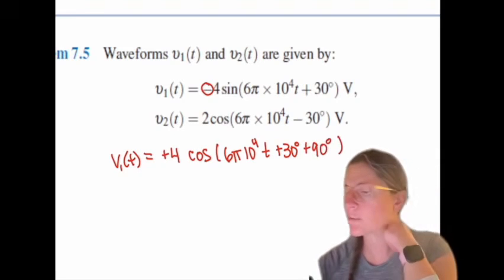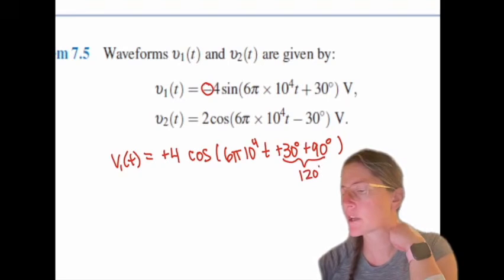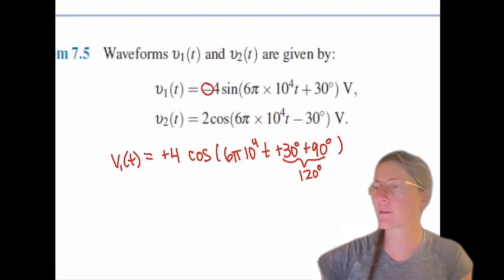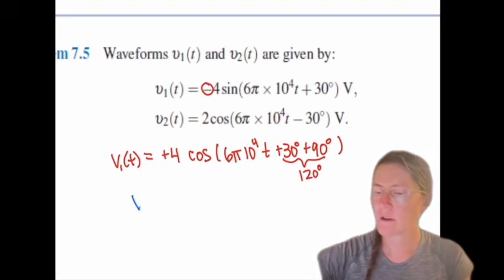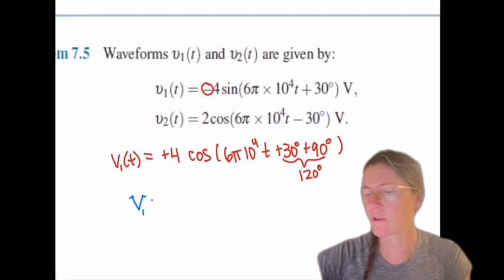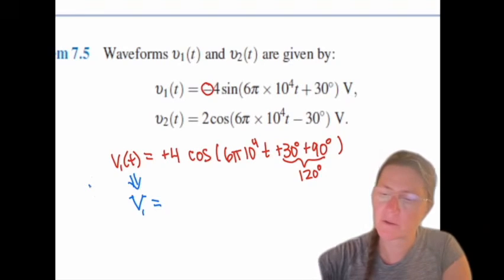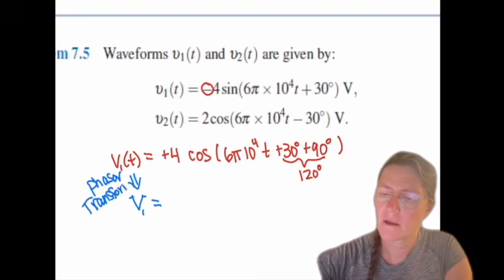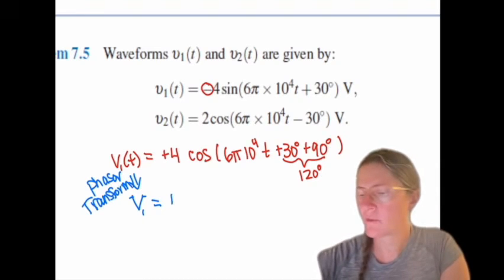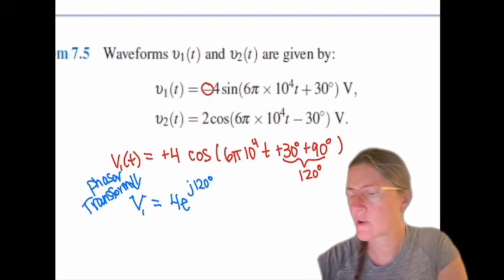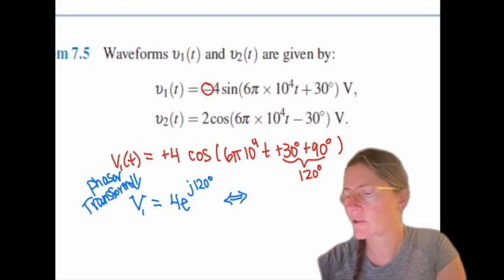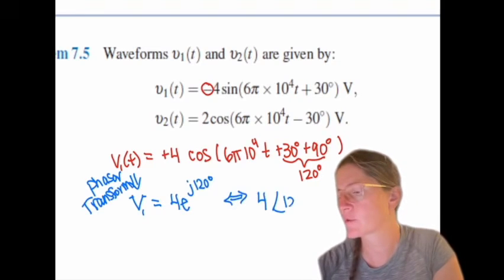So this combined ends up being 120, and then when we make the phasor form of this, so your phasor of V1, so we'll call it phasor transform, this becomes 4e^(j120 degrees), or again, you can write it with the angle sign, so 4 angle 120.